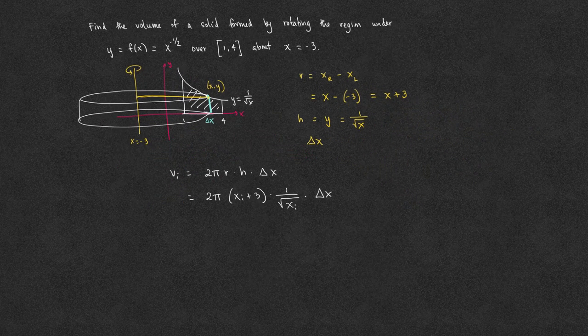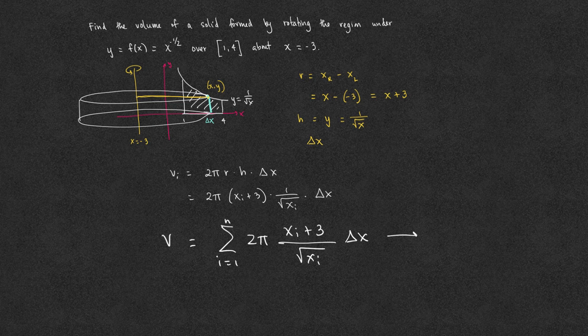The total volume of the solids is the sum of these V_i as i goes from 1 to n. This is the sum of 2 pi times (x_i plus 3) over the square root of x_i times delta x.